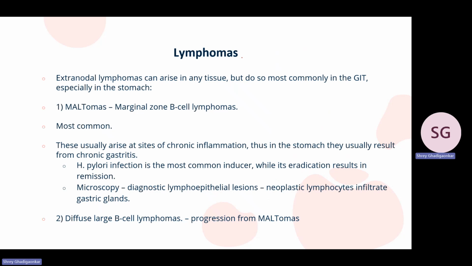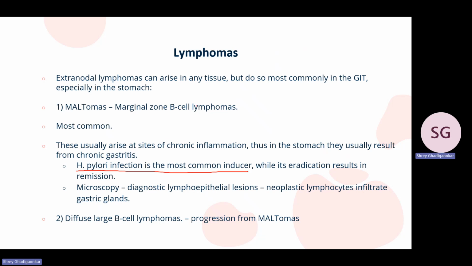And finally, we have lymphomas. These are extranodal lymphomas, which can arise in any tissue, but they do so most commonly in the GIT, especially the stomach. One of the most common types of lymphomas in the stomach is MALToma, which stands for mucosa-associated lymphoid tissue tumor, and specifically marginal zone B-cell lymphomas. The H. pylori infection is the most common inducer in MALToma.